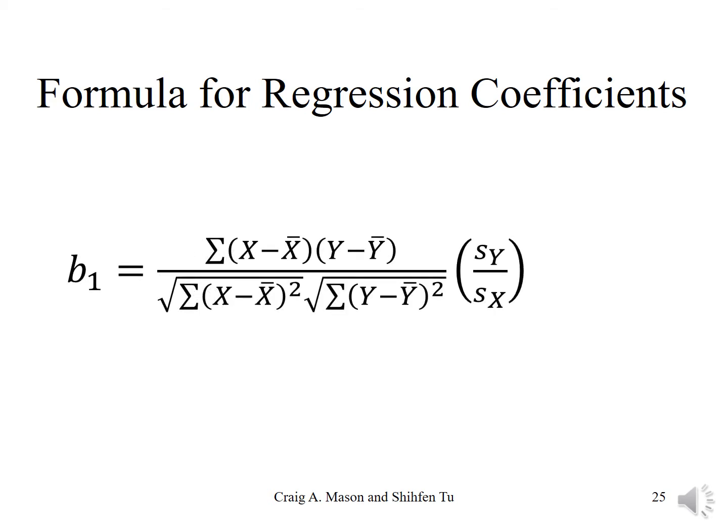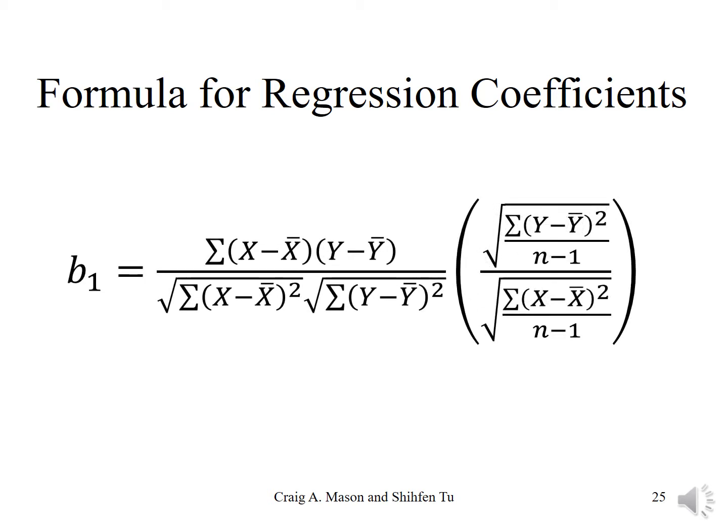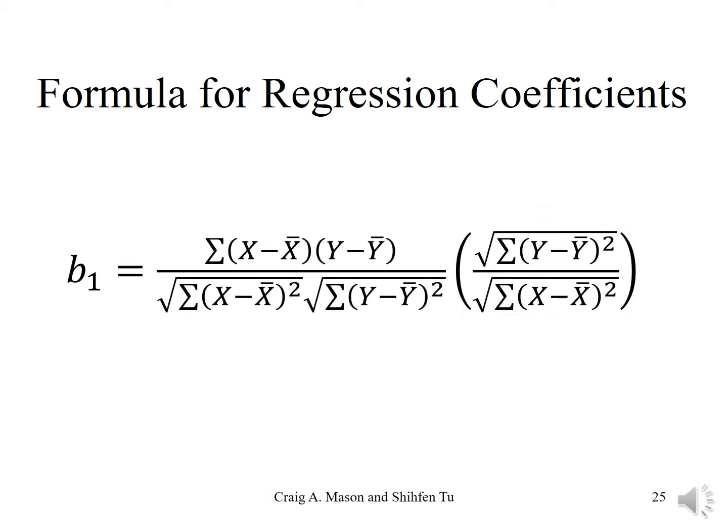Then let's also write out the equation for the standard deviation of y and the standard deviation of x. Now, notice something with the standard deviations. Both have the square root of n minus 1 in their denominator. These will cancel out, leaving us the formula for r times the square root of the sum of squares for y divided by the square root of the sum of squares for x.